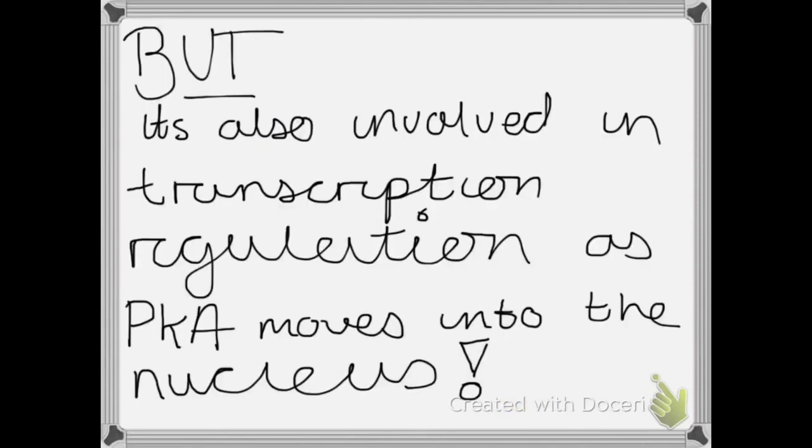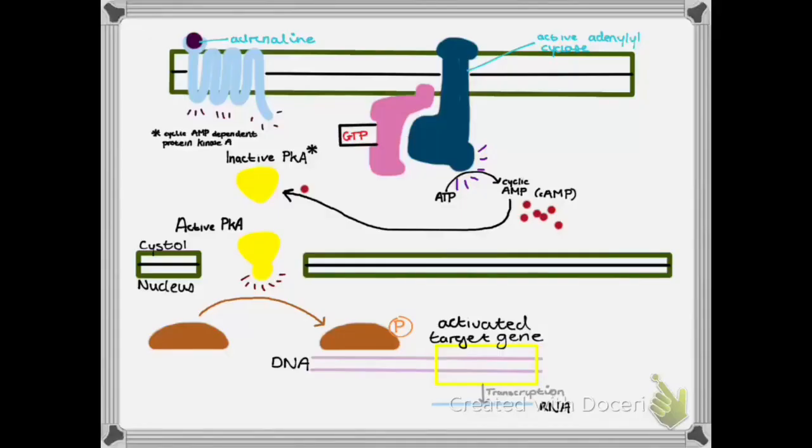This cycle is also very important in transcription regulation, as your PKA can move into the nucleus, as I'll show you in a second. You've got your same process. Your adrenaline attaches to the receptor. This activates the G protein coupled receptor, which activates your adenylyl cyclase, which causes conversion of ATP to cAMP.